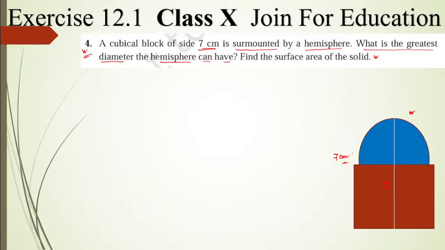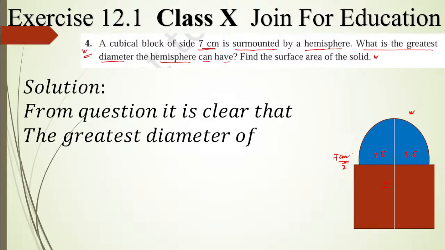So the greatest diameter of the hemisphere will be 7 centimeter. Therefore radius will be 7 by 2 equal to 3.5 centimeter.